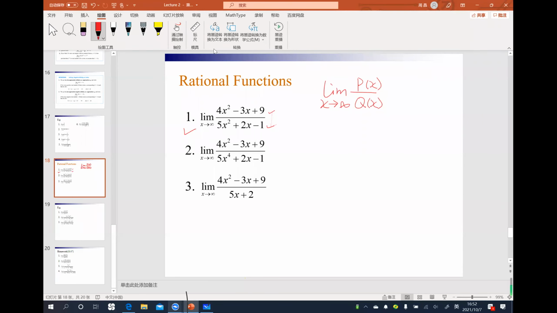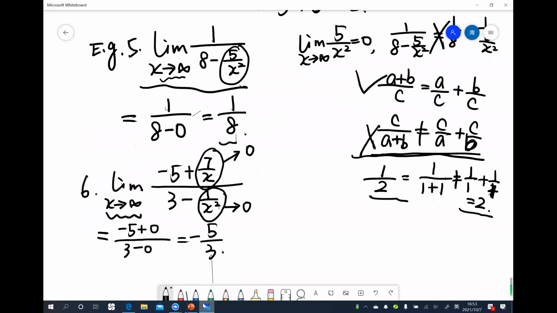Try it again. Okay. So for the quotient of two rational functions, here is the way to solve it. Step 1, we will find the highest power, the highest degree of the rational functions. I will write on the whiteboard.